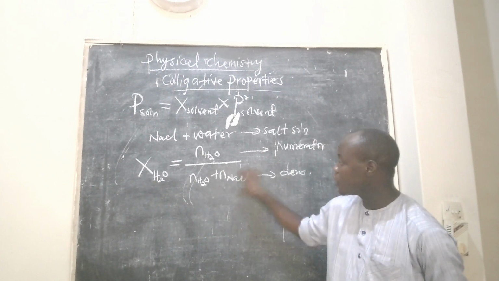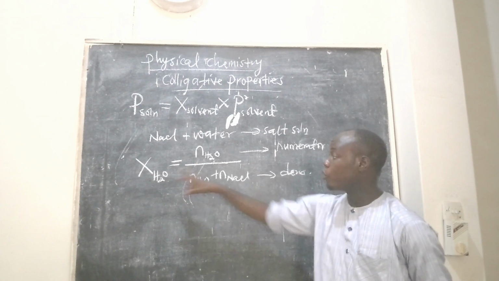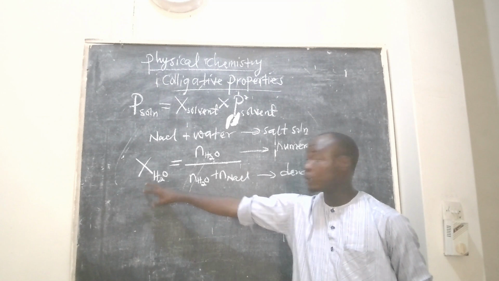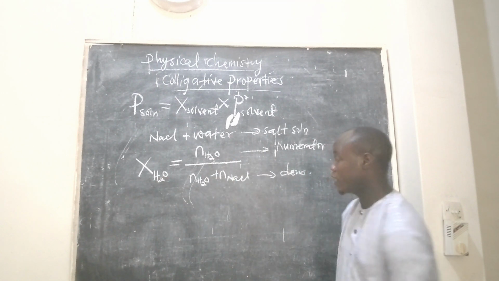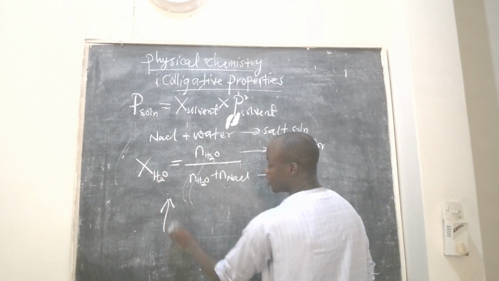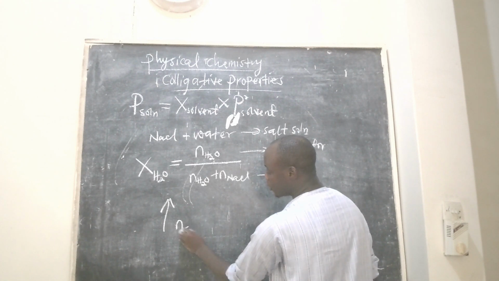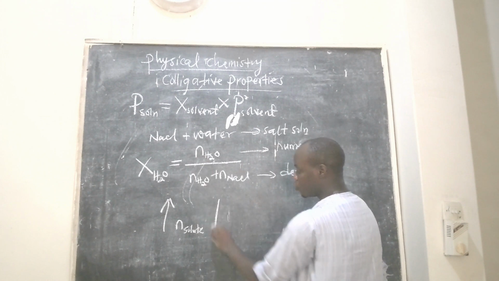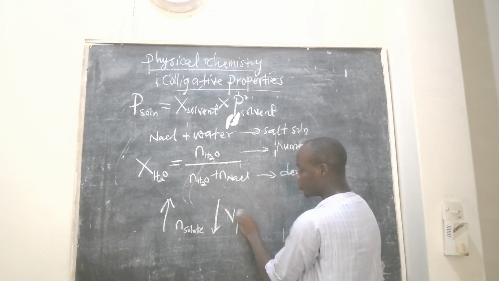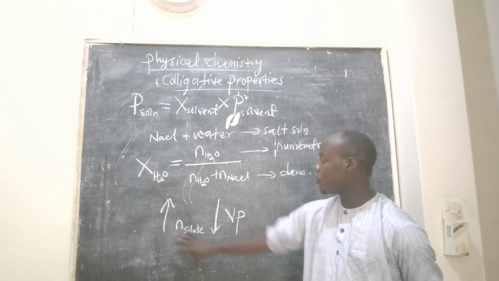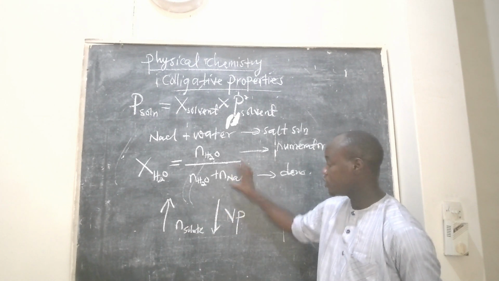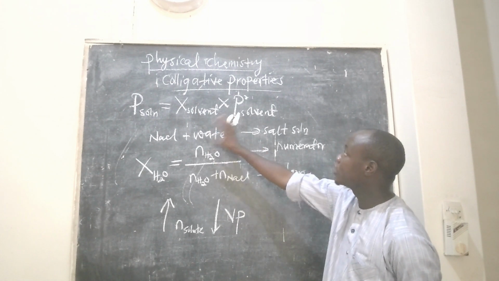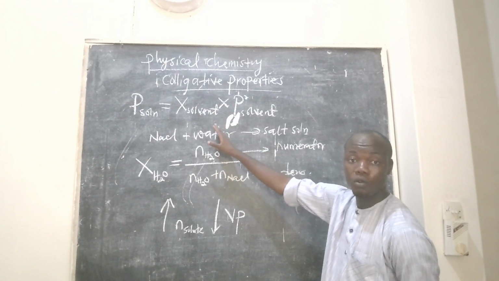As the denominator increases, the fraction, which is the mole fraction of water here, will decrease. So generally, as you increase the number of moles of solute, the vapor pressure will decrease. An increase in the number of moles of solute particles leads to a decrease in the vapor pressure. This is the formula used in calculating the vapor pressure of a solution.